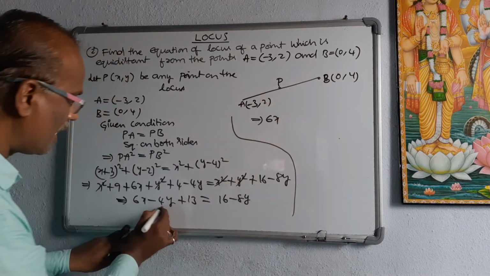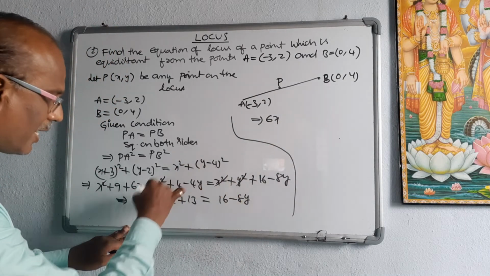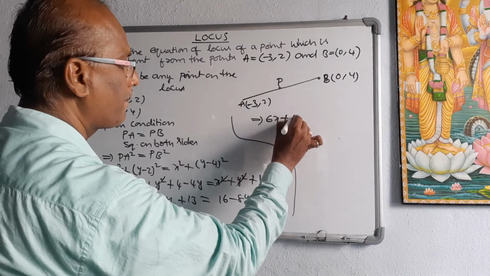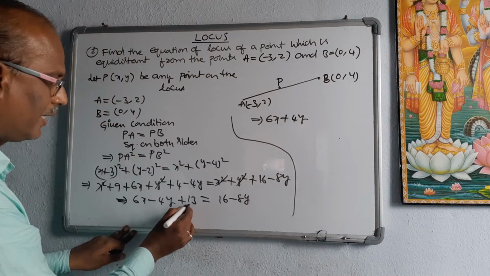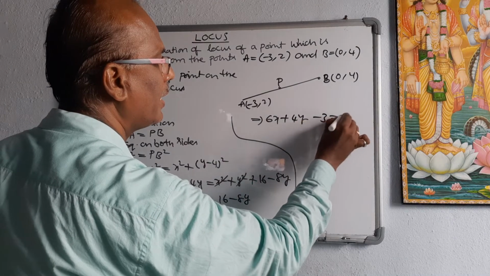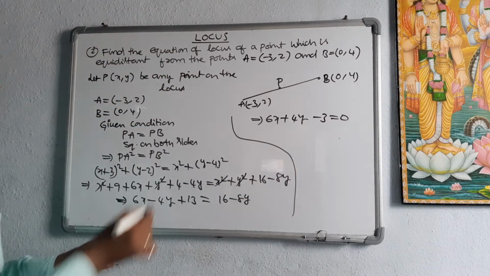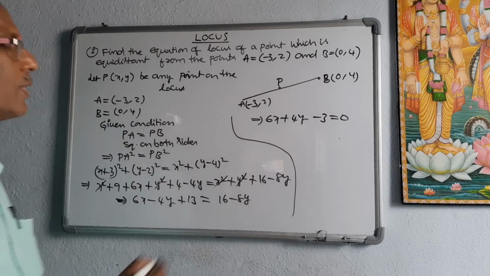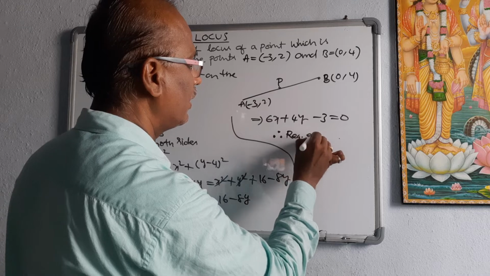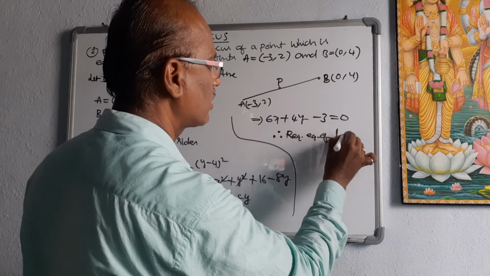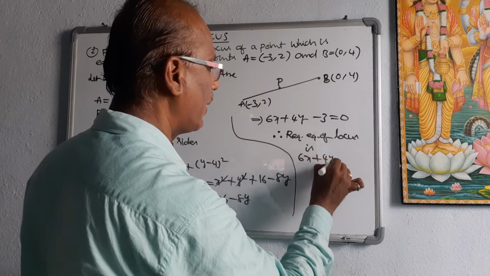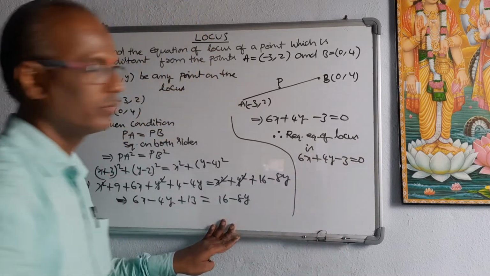So 6x minus 4y plus 8y, that is 6x plus 4y, plus 13 minus 16, minus 3, equal to 0. This is the required equation of locus. Therefore, the required equation of locus is 6x plus 4y minus 3 equal to 0.